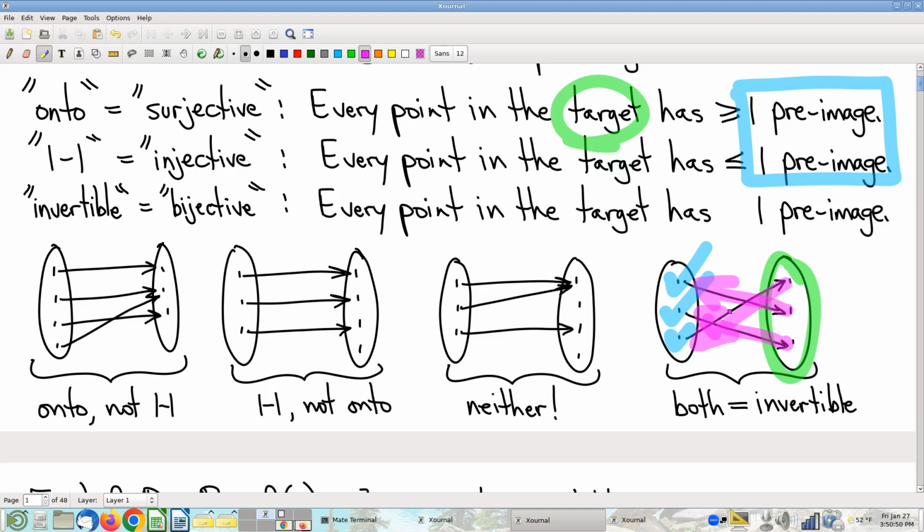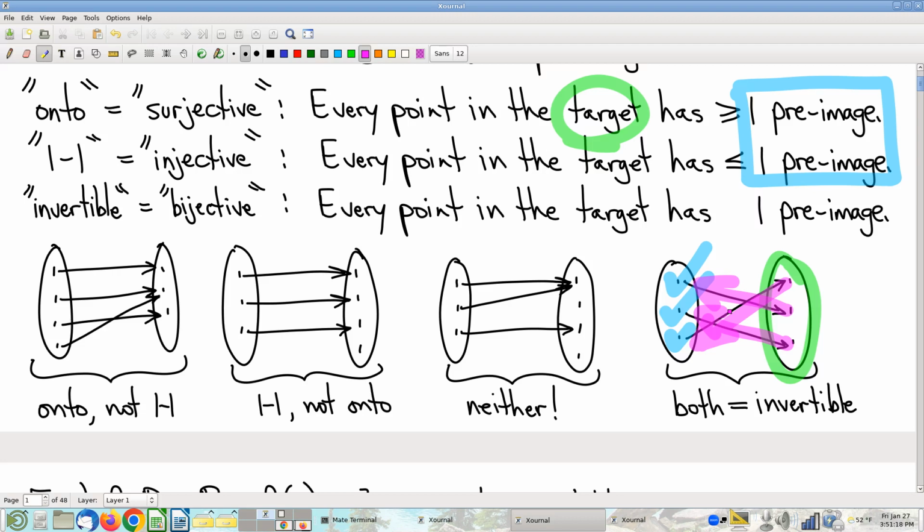If I were going to define an inverse function, then for every point over here that I had been thinking of as the output values, I would need to know that there's exactly 1 previously known as input point that I can view as being f inverse. So having exactly 1 preimage is exactly what you need to be able to talk about a function being invertible and to be able to define the inverse function.